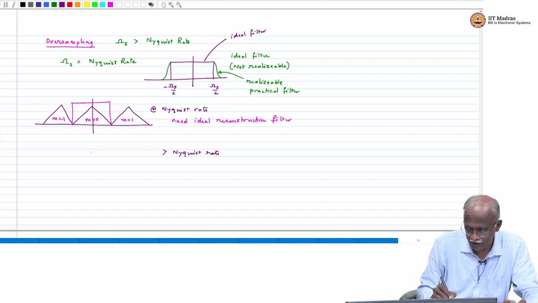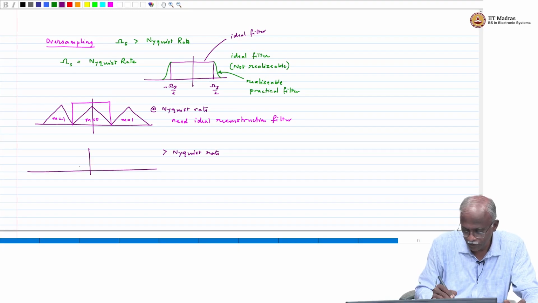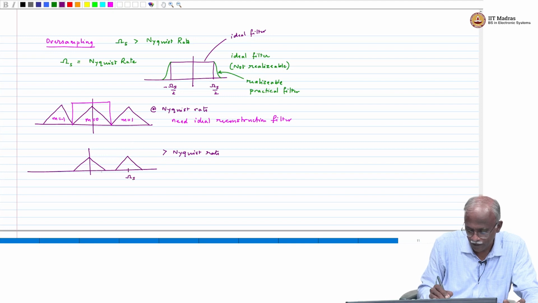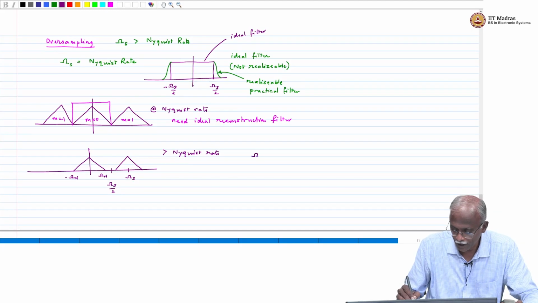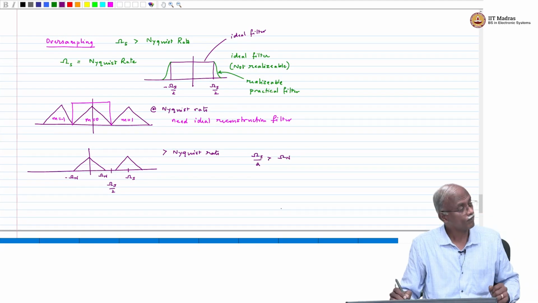Now, if you have over-satisfied the Nyquist criterion, so if you are at greater than Nyquist rate, then the copies of your signal are like before, but there is a gap between the copies. This is omega s, this is omega n, minus omega n, and this is omega s by 2. You can see clearly that omega s by 2 is greater than omega n.